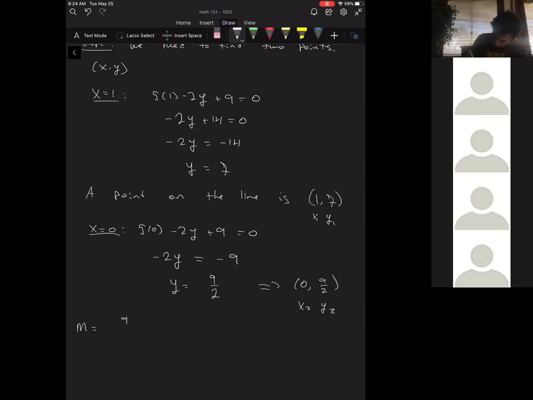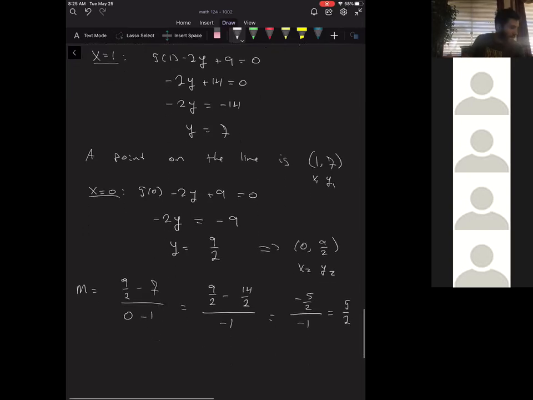So we have 9 over 2 minus 7, all divided by 0 minus 1. Okay, so get a common denominator on the top. We'll have 9 over 2 minus 14 over 2, all divided by minus 1. This equals minus 5 over 2 divided by minus 1, which is equal to 5 over 2. So our slope is positive 5 over 2.